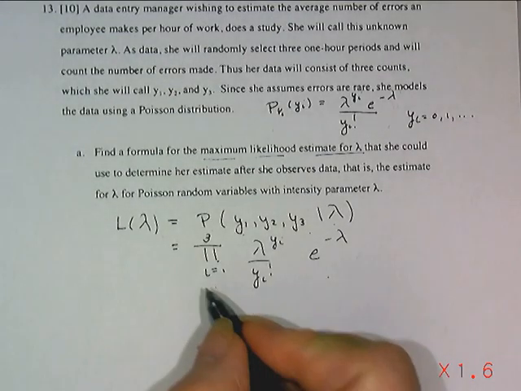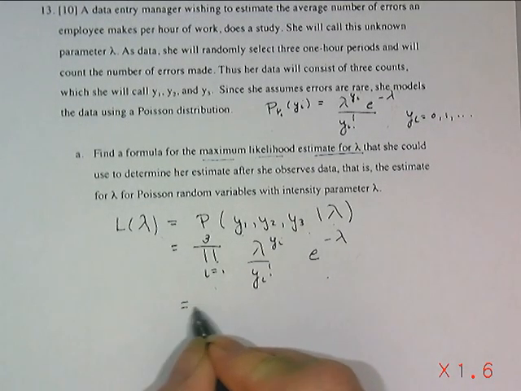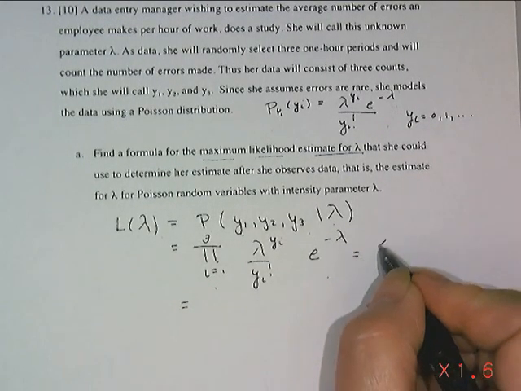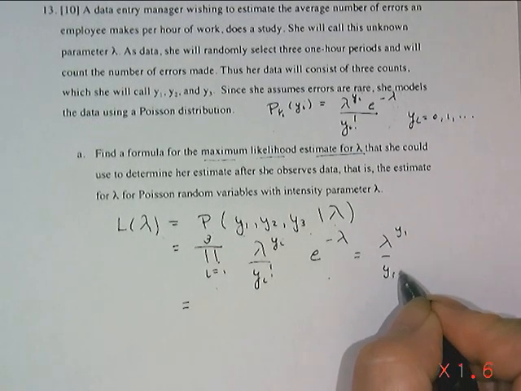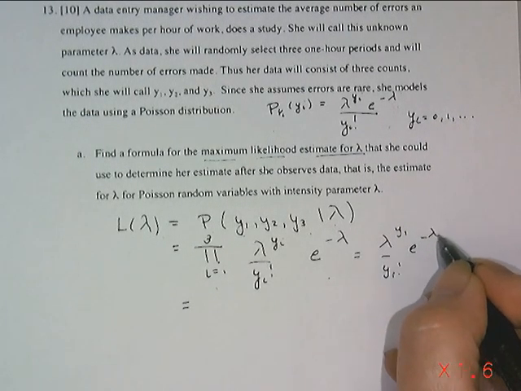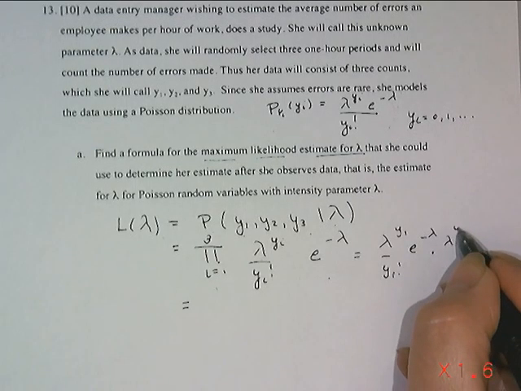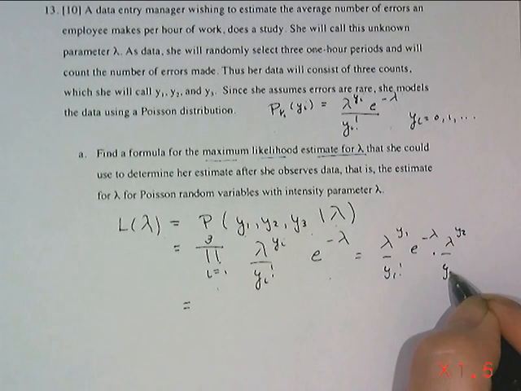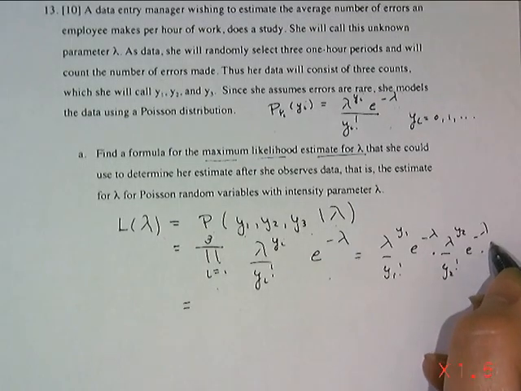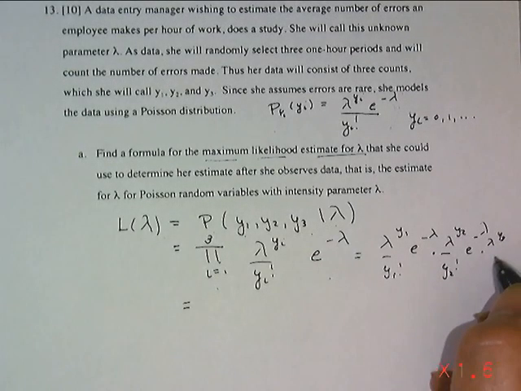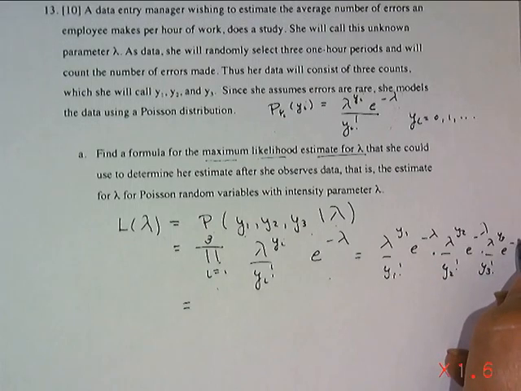So this becomes, well, this is like lambda to the y1 over y1 factorial, e to the minus lambda times lambda to the y2 over y2 factorial times e to the minus lambda times lambda to the y3 over y3 factorial times e to the minus lambda.